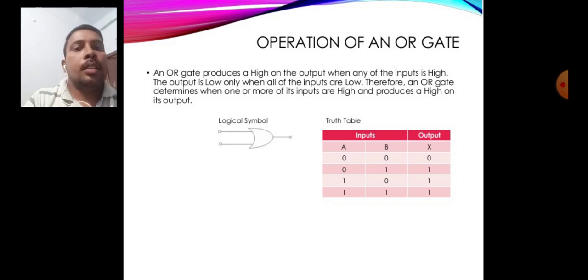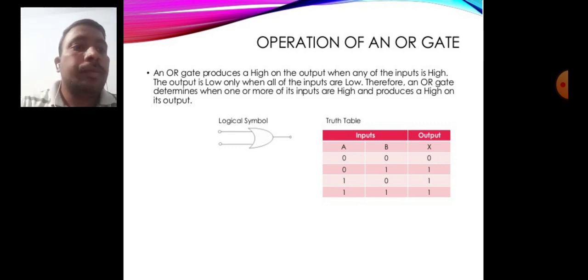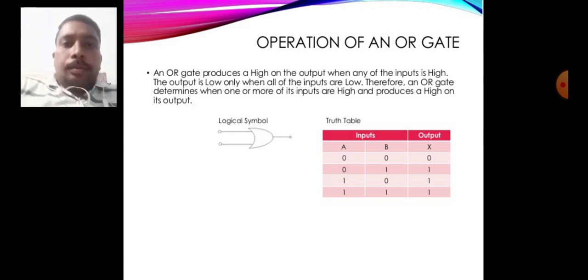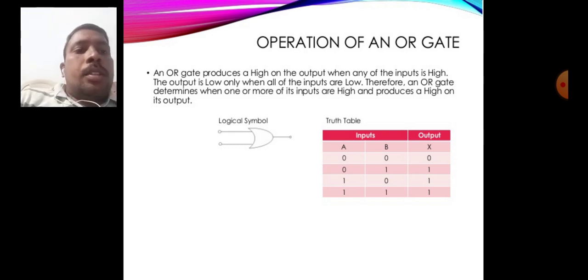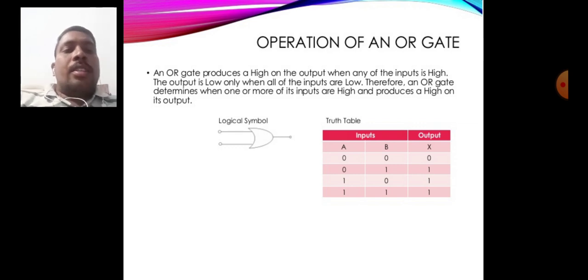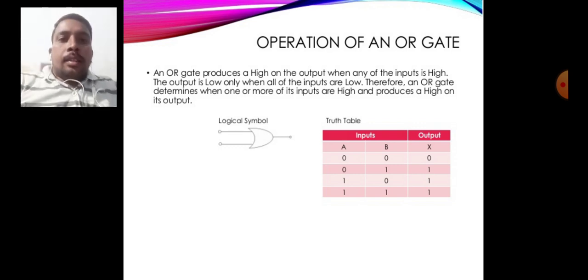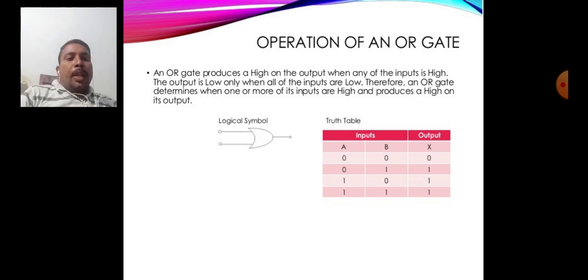If one input is low and the other is high, the output will be high. If A is high and B is 0, the output is high. If both inputs are high, the output is also high.